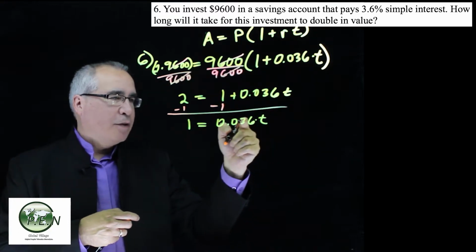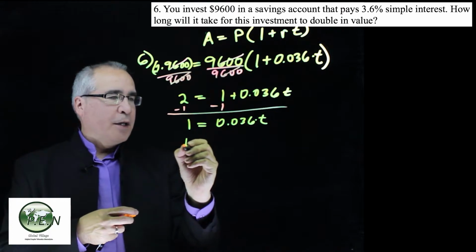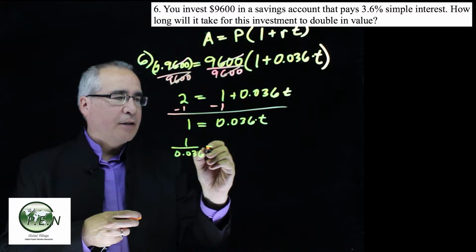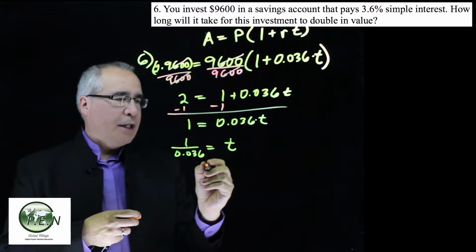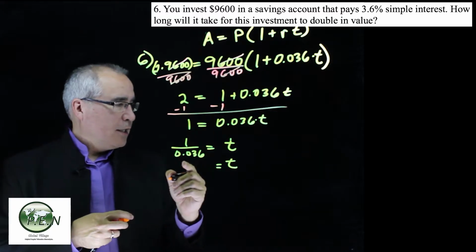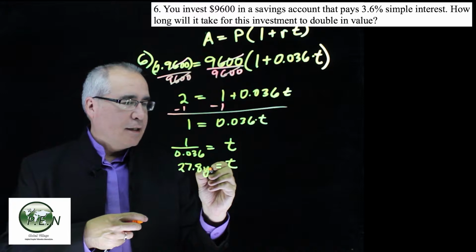And since we can't multiply, we divide. So we're ending up with 1 divided by 0.036. That's what t is. So t is, doing the math, 27.8 years.